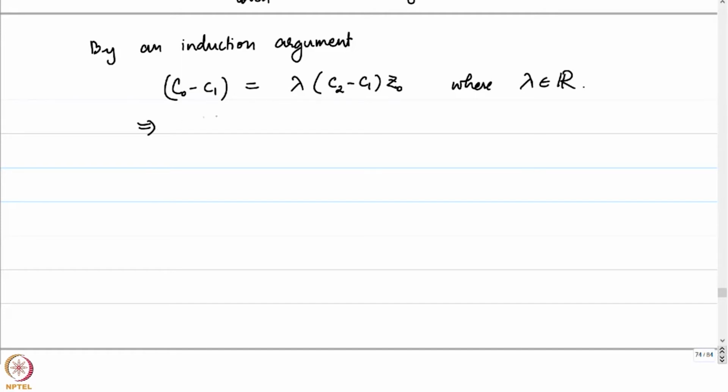But that implies that z naught is equal to (C0 minus C1) by lambda times (C2 minus C1). Notice that lambda will not be 0, because if lambda is 0, C0 minus C1 would be 0, thereby implying that C0 is equal to C1. So lambda can never be 0, nor will C2 minus C1 be, by the very assumption. So this tells us that this is a real number.